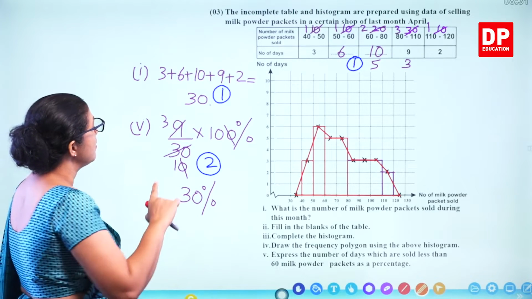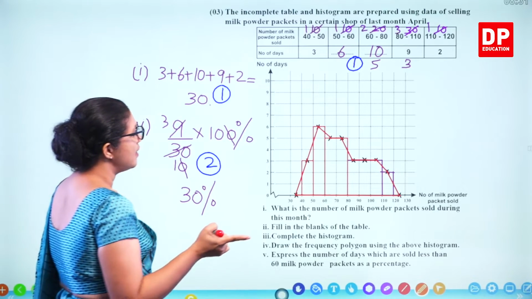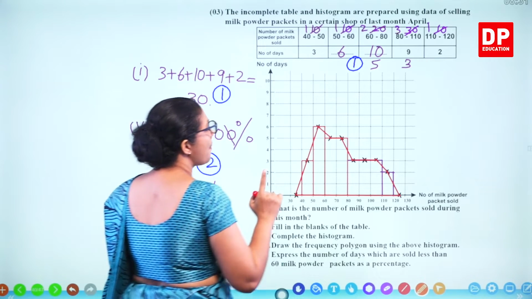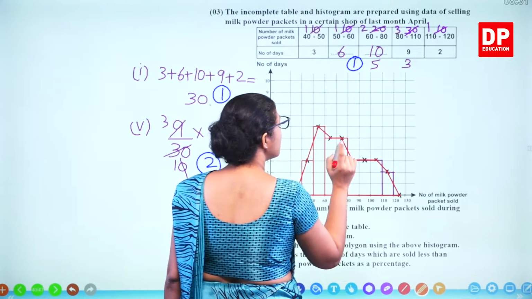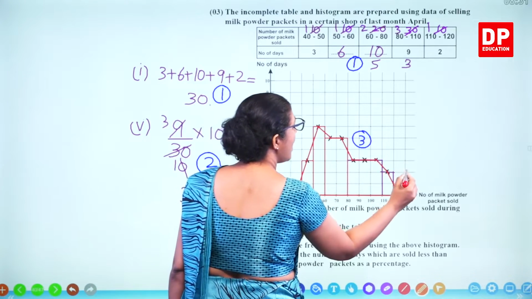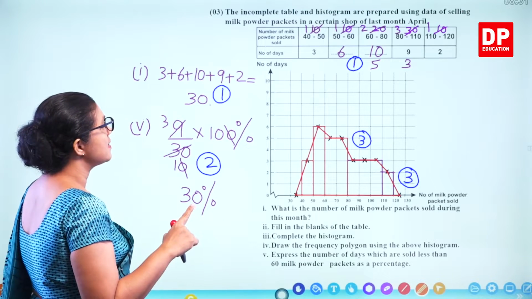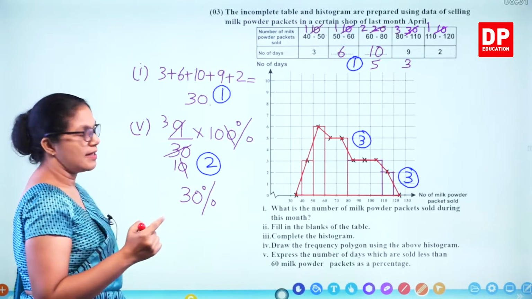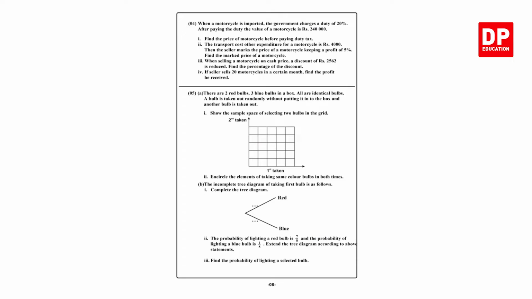That means 4 already we gave, and we can give 3 marks for the histogram and 3 marks for the frequency polygon. 4, 7, 10. So altogether 10 marks for this question.